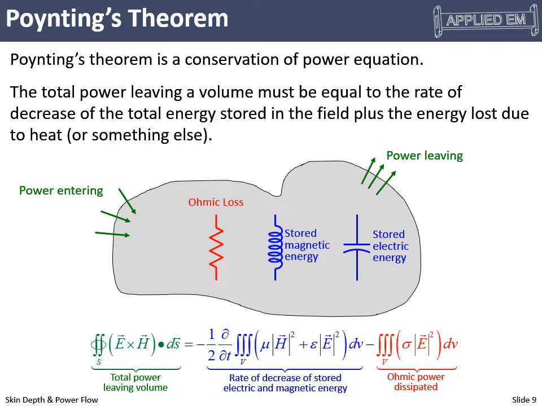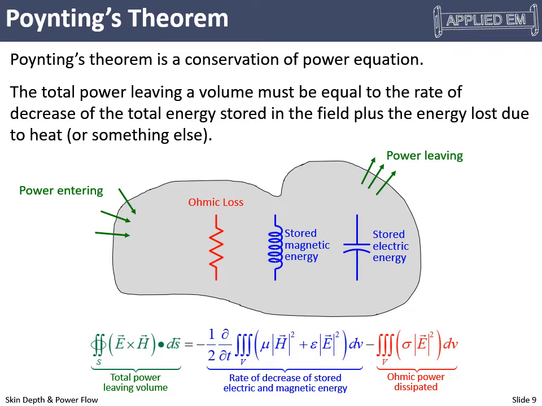But we can also be storing magnetic energy and storing electric energy, either in inductors and capacitors or the permeability and the permittivity of materials. There's various ways to store that energy. So other than this, there's nothing else that can happen to energy without there being like a nuclear reaction, and we're definitely not talking about that.